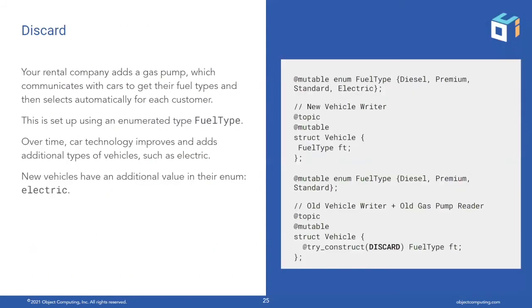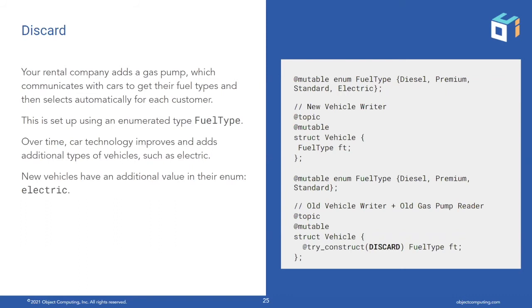So for each of the three values for this annotation, I've come up with a little story or scenario to talk about when you would want to use these. And so for discard, your rental company adds a gas pump, which will automatically select the fuel type for the car that is nearby the pump. And this is done using an enum, which the car's writer will send to the gas pump reader to say what fuel type it is.